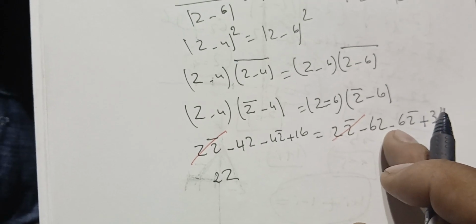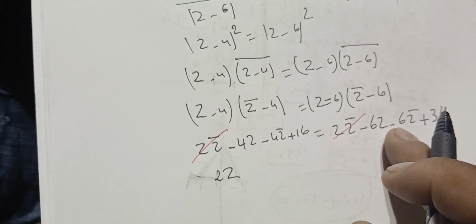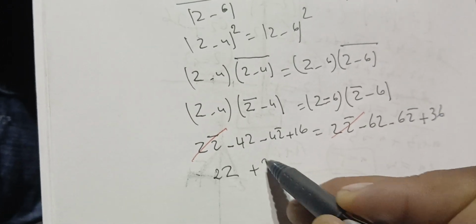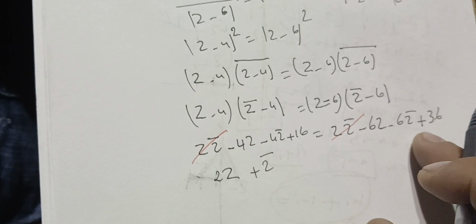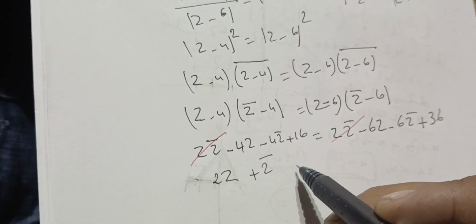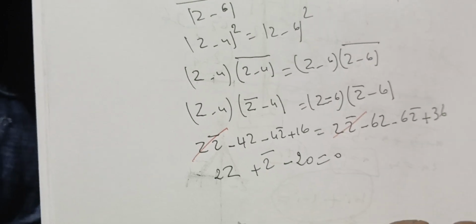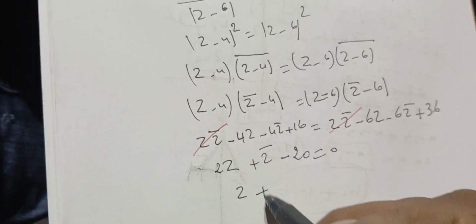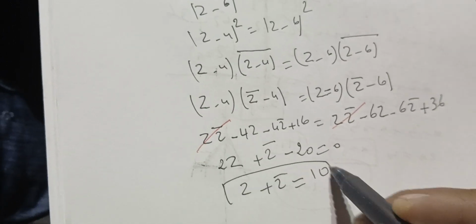We add 6z bar to both sides, we get 2z bar, and we subtract 36 from both sides, so we get minus 20 equals 0. This gives us z plus z bar equals 10.